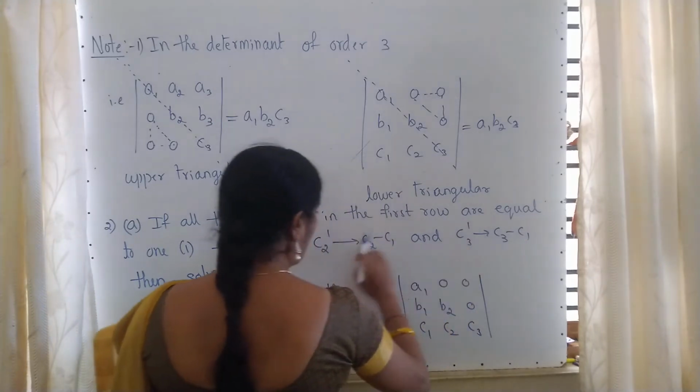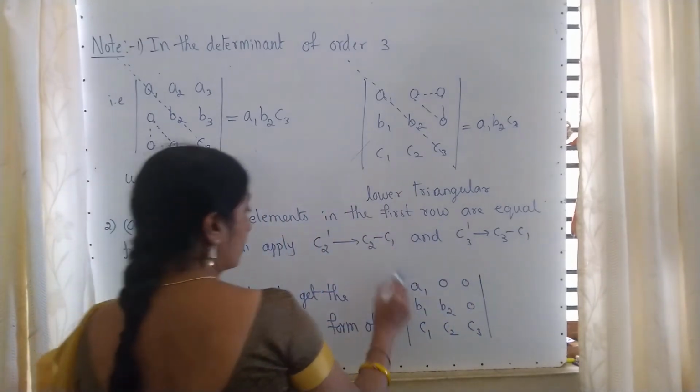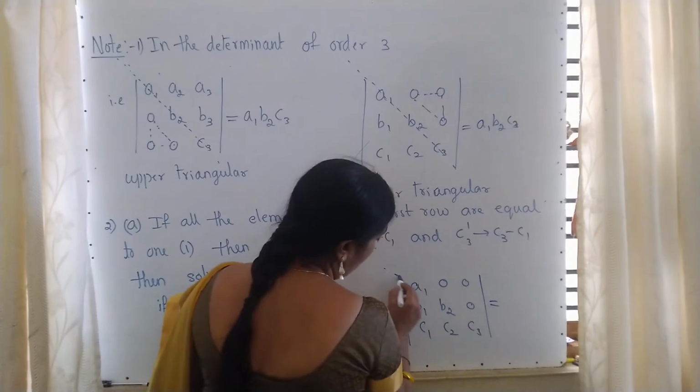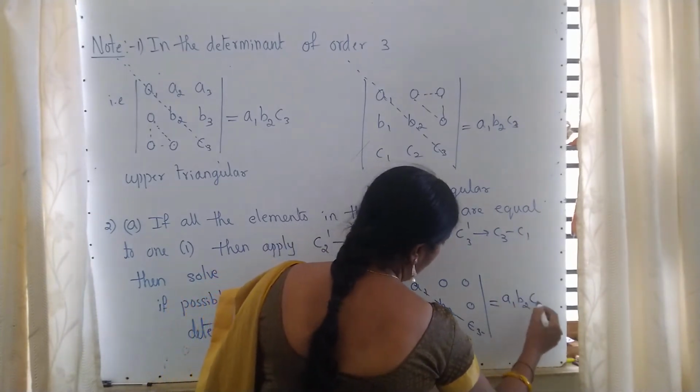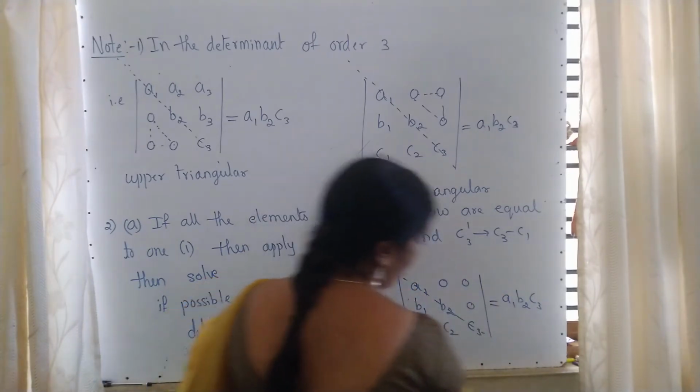If you apply this column operation, automatically you get this determinant, and you know that at that time we just multiply the elements present in the principal diagonal. This is the first note.